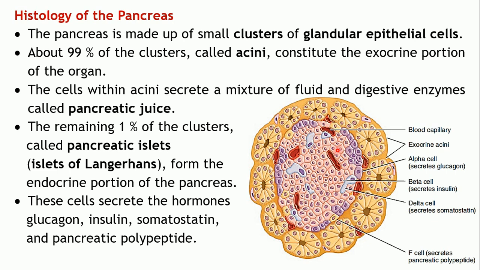That's why this particular portion is known as the endocrine portion. As you can see, there are different types of cells. These are alpha cells secreting glucagon, beta cells producing insulin, then delta cells, which secrete somatostatin, and the F cells, which secrete pancreatic polypeptide. So the islets of Langerhans comprise the endocrine portion, whereas the 99% of the clusters comprise the acini, which produce the pancreatic juice.